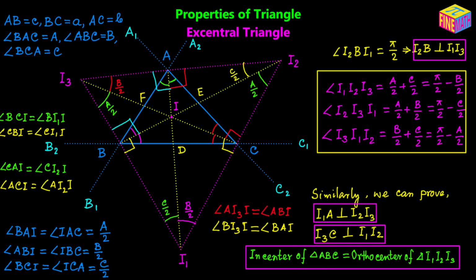That's a very interesting concept here, that the excentral triangle is created by bisecting the angles of the original triangle, and now the original triangle seems to be formed by connecting the feet of the perpendiculars of the excentral triangle. So the original triangle ABC seems to be the pedal triangle of the excentral triangle, and the incenter of the original triangle is acting like the orthocenter of the excentral triangle.